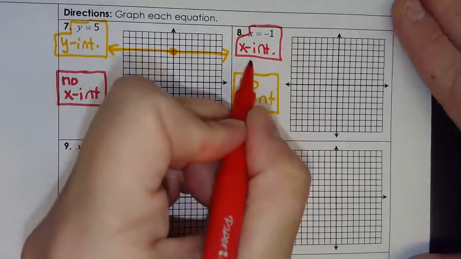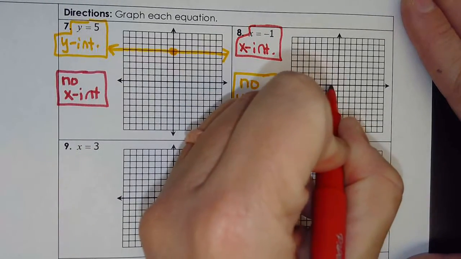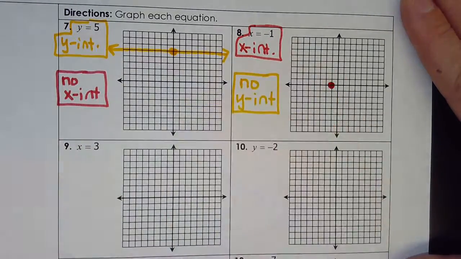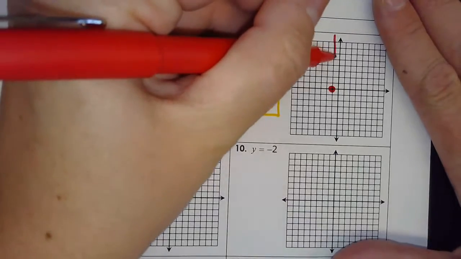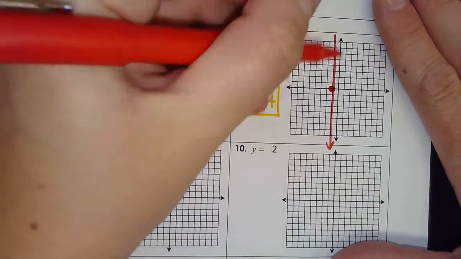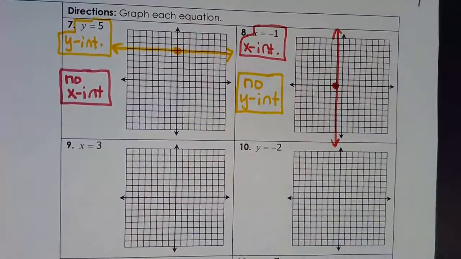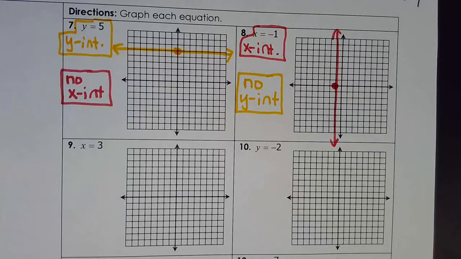So you go to -1 on the x-axis, so left 1, put a dot. Now, this line can never touch the y-axis. So is this line going up and down or left and right? Up and down. Because this line now will never, ever, ever touch the y-axis. Does that make sense? Yeah.